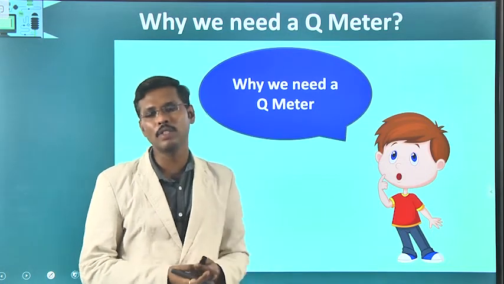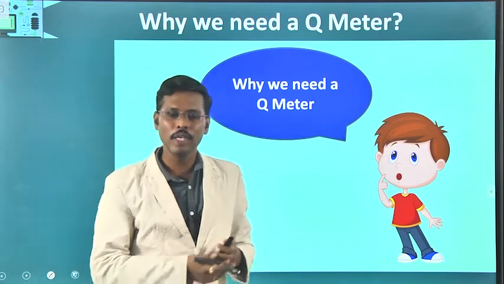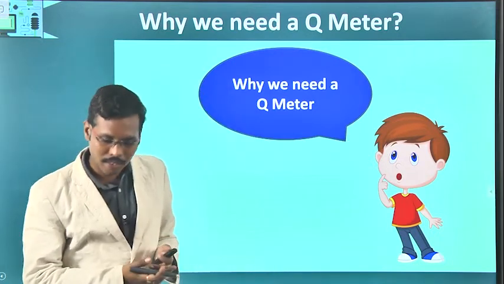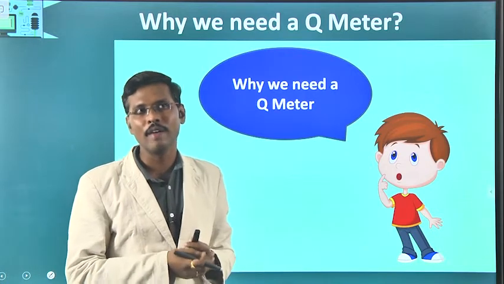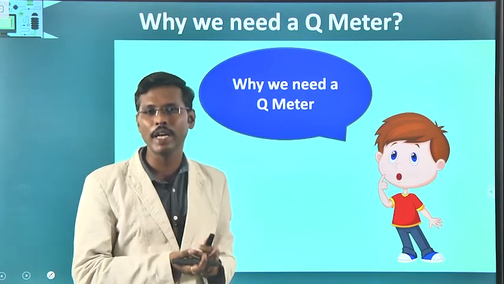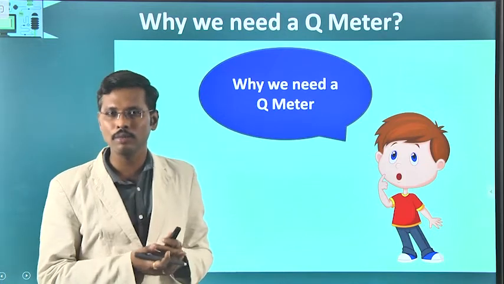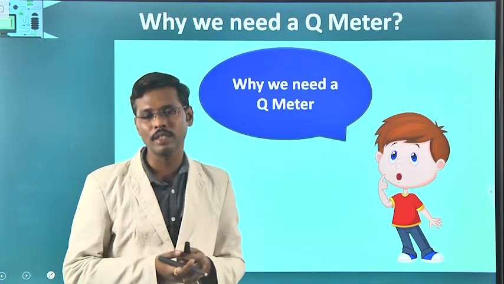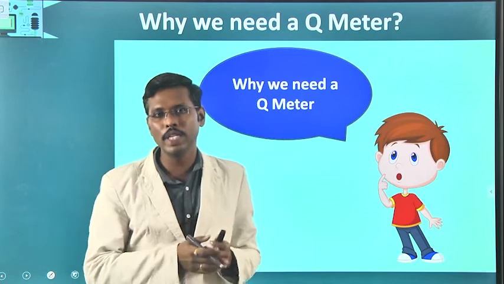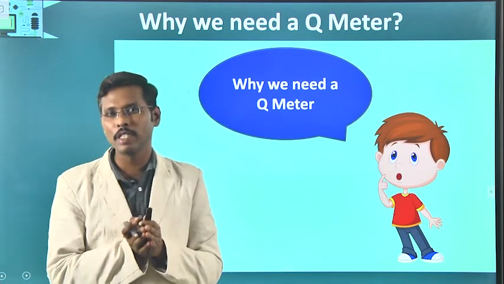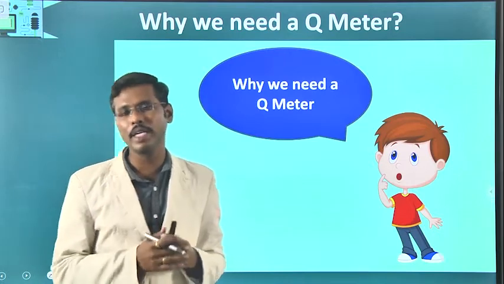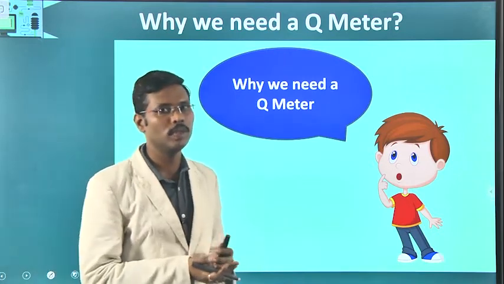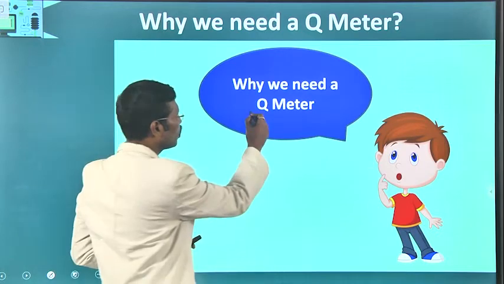For this measurement, we can use bridge circuits, but we can face problems, because when the quality factor of the components is very high, the bridge circuits are not able to give a proper reading. So we need an exclusive meter for the measurement of the quality factor of these components, especially inductors. For that purpose, we have designed this Q meter.